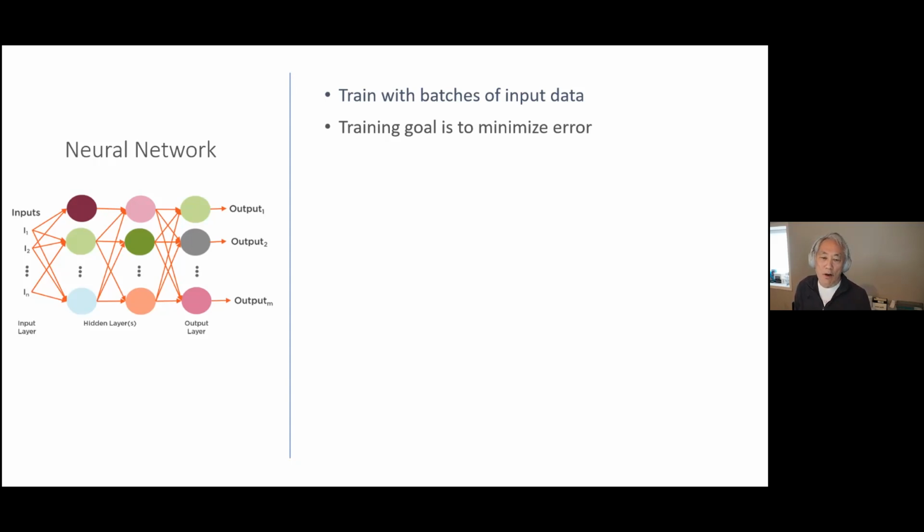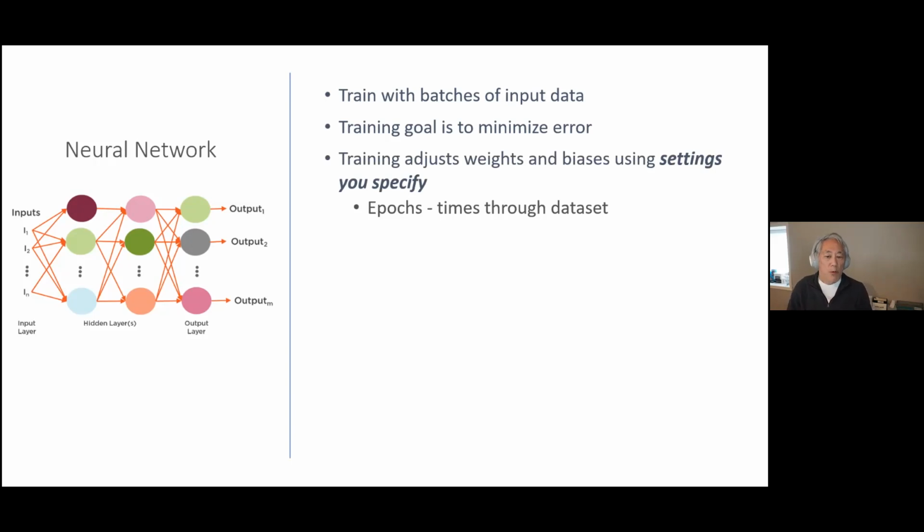And we'll get to what error is in just a minute. Essentially, error is based on what you specify as error. So we go through all the data so many times, and we call those epochs in the data set. So if there's 60,000 rows in the data set, we're going to go through those 60,000 rows multiple times, each one being an epoch. So if you could just kind of keep that picture in your head.